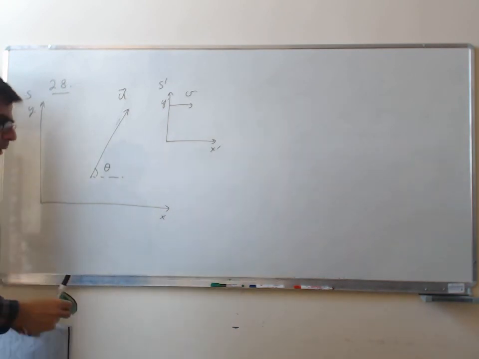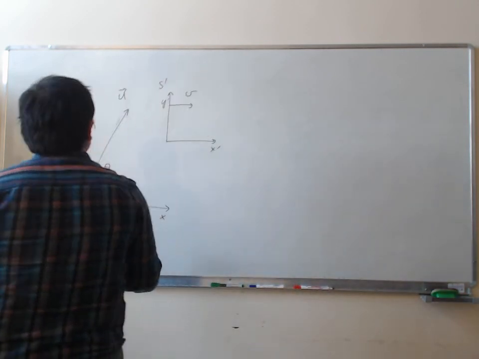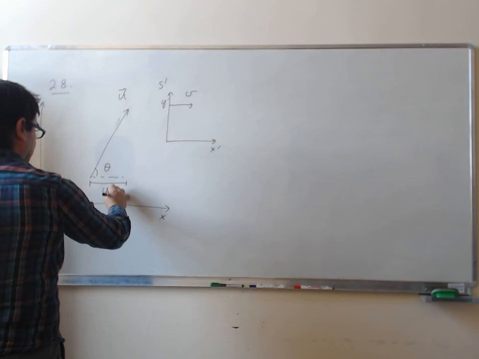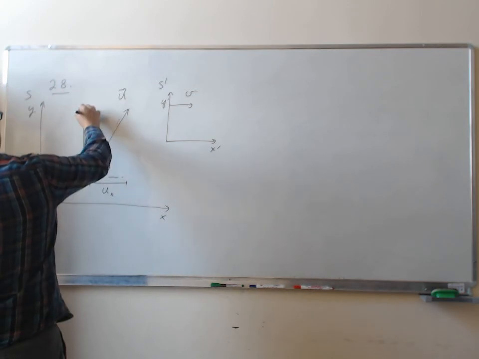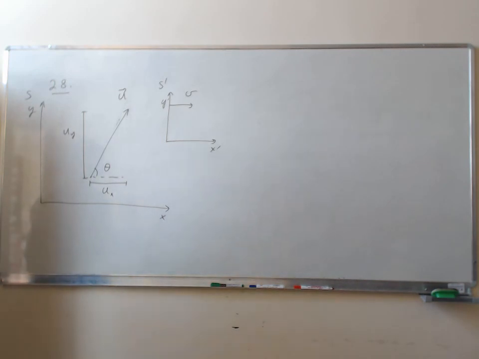Now, obviously, this velocity is going to have two components, so there's going to be a ux and a uy. I'm not putting the arrows there because they're components, not actual vectors, but some books put arrows on the components as well, so that's fine. I'm referring to the signed distances here.